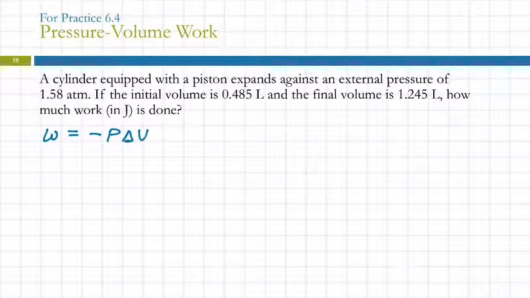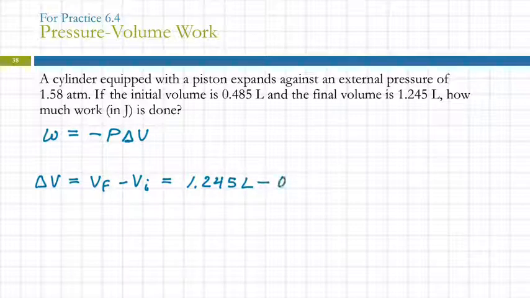So the change in volume is always the final minus the initial. A change in volume can be negative. You can't have a negative volume, but you can have a negative change. So we have to get these in the correct order so the sign is correct. So the final volume is 1.245 liters.